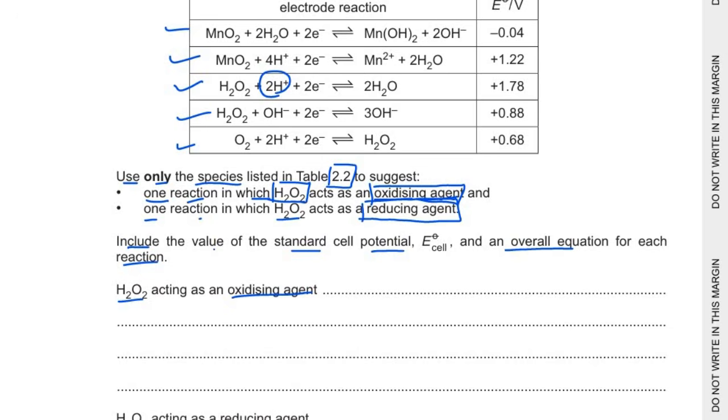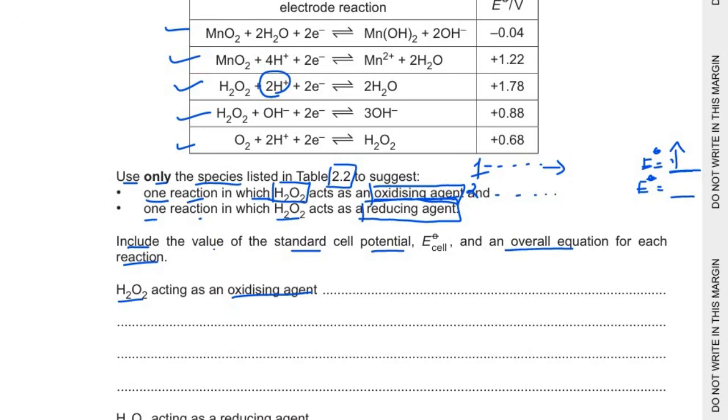Now what I teach my students is that we have to write equations in such a way that we have one equation, equation 1, where the E cell value is greater, so a higher value on the top. Another equation 2, where the electrode potential value has a lower value, has to be written at the bottom.